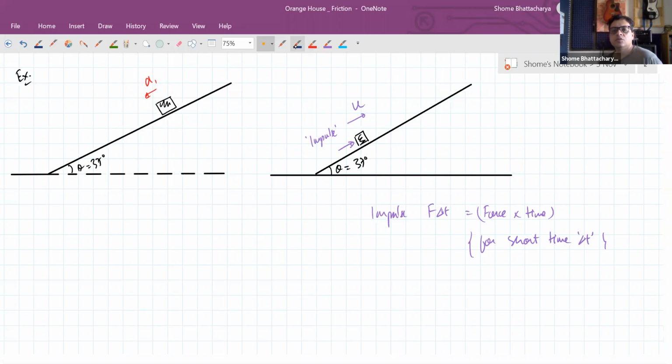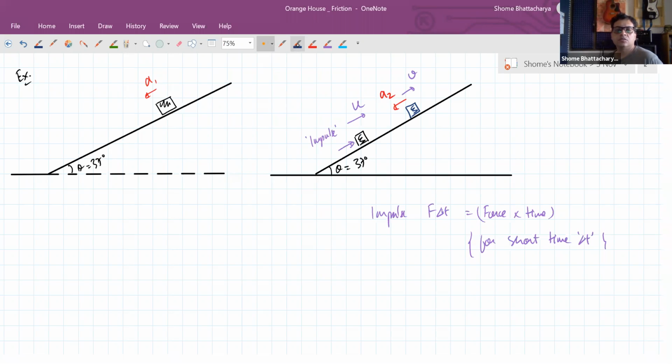Okay. So as it starts moving up, now at some stage like this, there is no longer any external force. So its velocity has become v. But because of forces like weight and friction, it is having a deceleration.